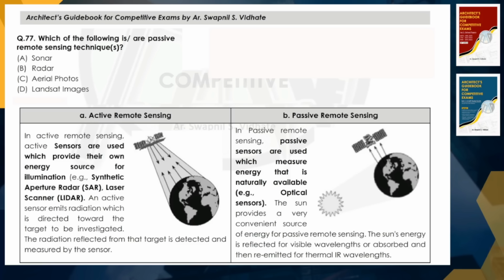So aerial photos and Landsat images are the passive remote sensing techniques, whereas sonar and radar are the active remote sensing techniques, right? So the correct option will be option C and D. Easy one, the explanation was readily available. So option C and D will be the correct answer for question 77.